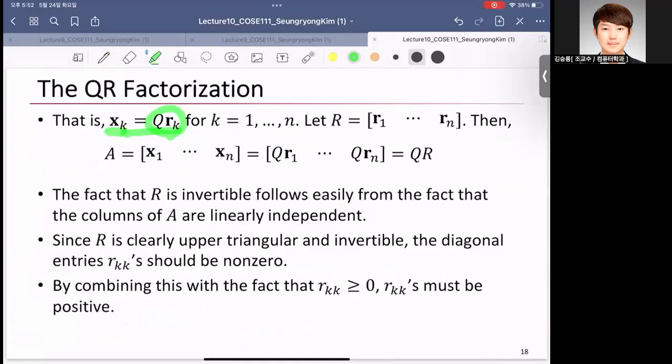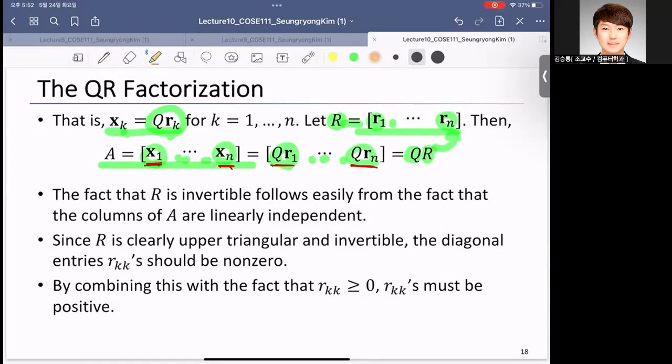Then let matrix R be equal to r1, r2, up to rn. Then matrix A, x1 to xn, can be Q times r1 up to Q times rn. x1 is equal to Q r1, xn is equal to Q rn. So A is equal to Q r1 up to Q rn, which is equal to Q times R, when R is defined as r1, r2, up to rn.